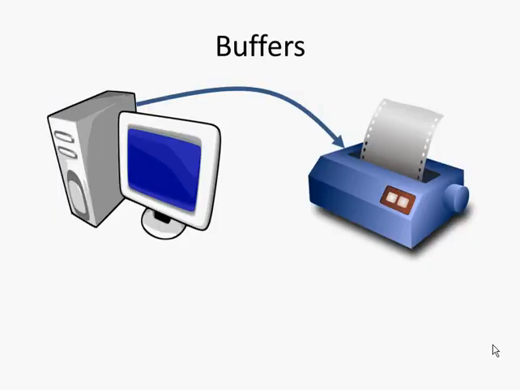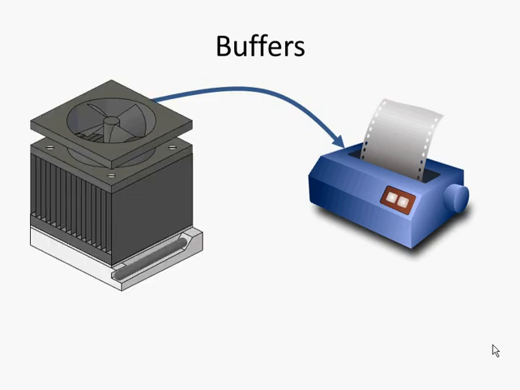When a PC talks to a device such as a printer, it isn't actually the PC that is talking to the printer, it's actually the processor inside the PC, or the CPU, the brains of the computer, that communicates with the printer.